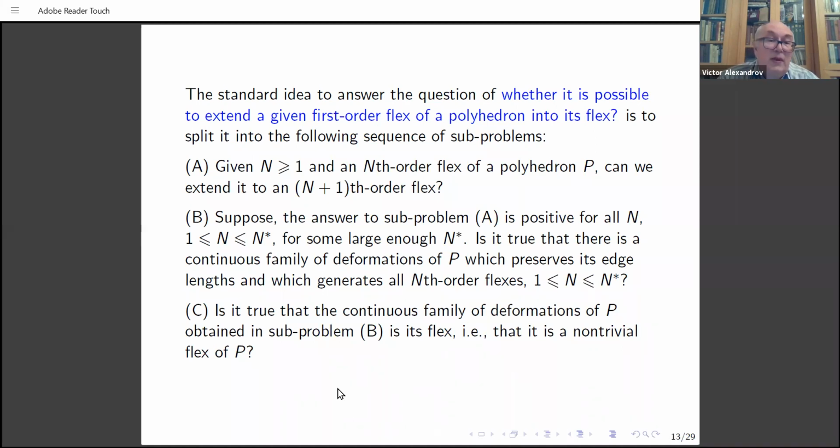And the third problem reads, is it true that the continuous family of deformations of P obtained in sub-problem B is its flex? I mean that it is a non-trivial flex of P. Why is it non-trivial? Because at least one dihedral angle is changed.